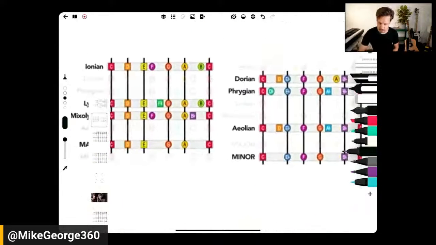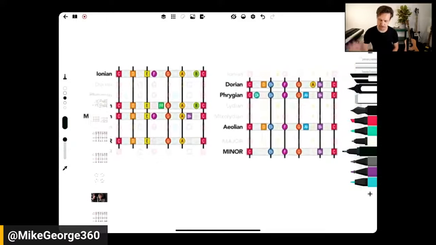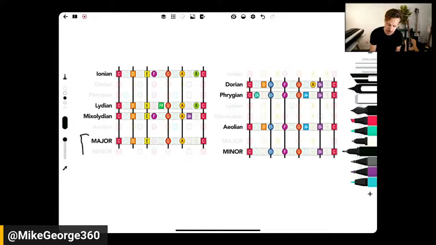So just as a recap of something we looked at last time, but also just of this principle, the two patterns at the bottom of both of these columns here are the major and minor pentatonic scales. Major pentatonic scale in this example, C, D, E, G, A, C. This pattern right here is a subset of, or compatible with, these modes.